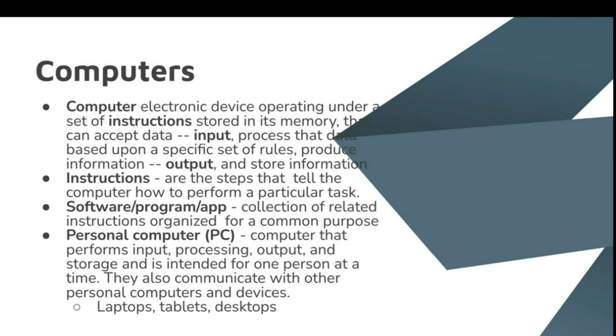A personal computer is a computer that is intended for one person at a time. They also communicate with other personal computers and devices. Examples of these include laptops, tablets, and desktops.